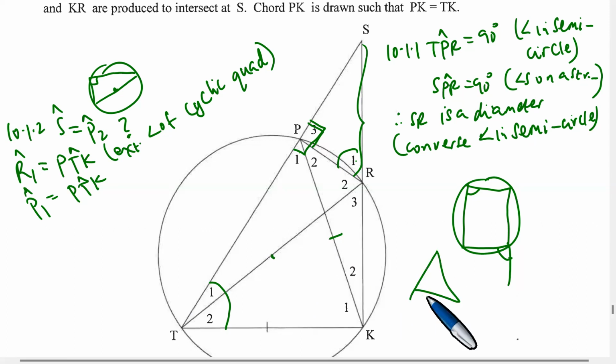In mathematics, if this side equals this side, then this angle is equal to this angle. So angle P1 is equal to PTK because we have an isosceles triangle, and the reason is that the angles opposite equal sides are equal.